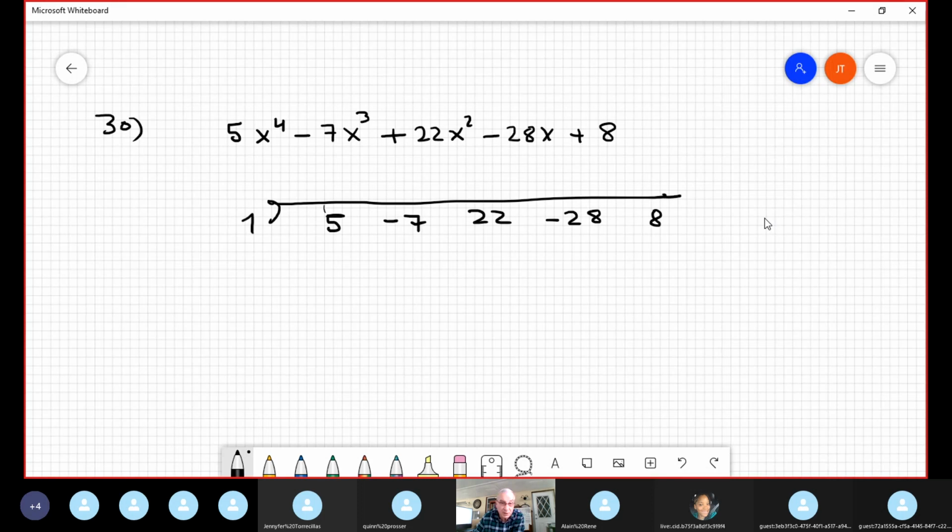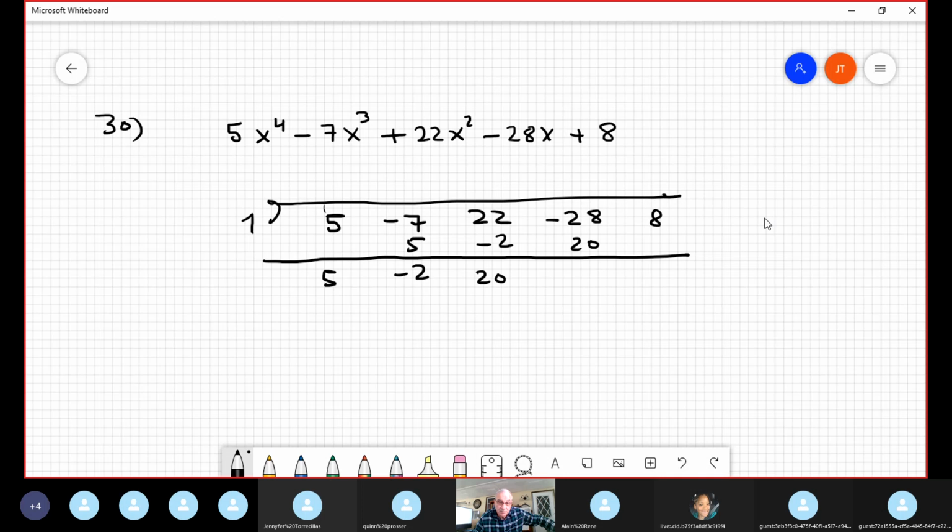Let me start with the easiest one. Bring down 5, -2, -2 is 20. Multiplication by 1 is 20. Is -8. Is -0. Super. The factor x minus 1 belongs to the polynomial.